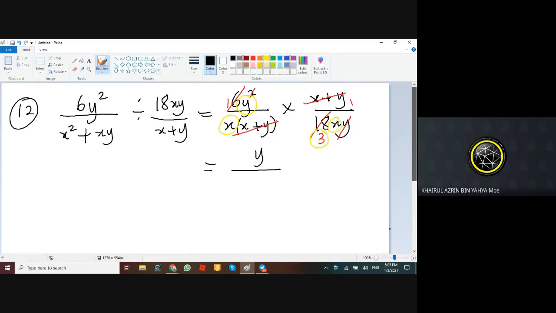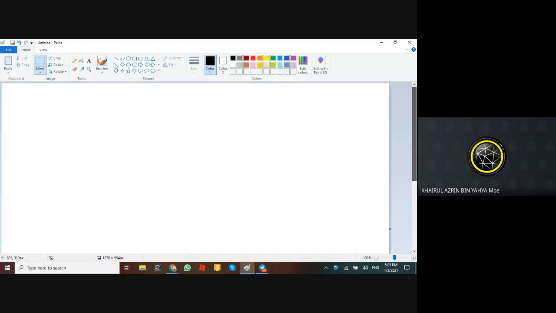So it should be 3x squared. On the upper part, we have y only. On the lower part, we have x, 3x, so 3x squared. Okay, this is the answer for question 12. We still have 4 more questions. Okay, question 13.